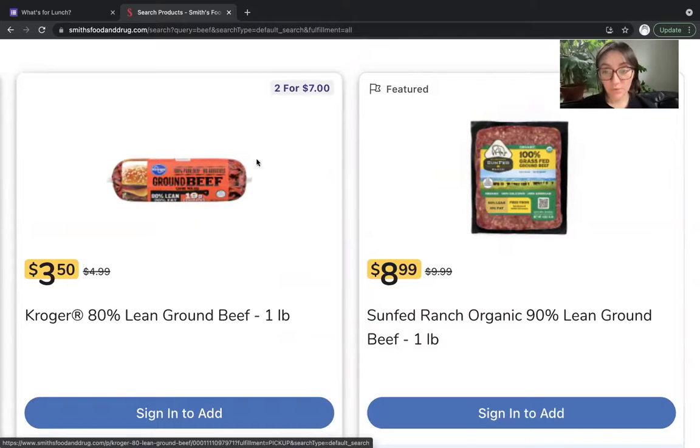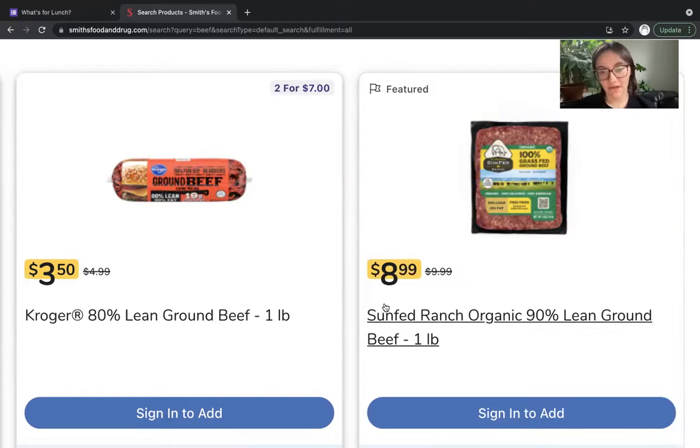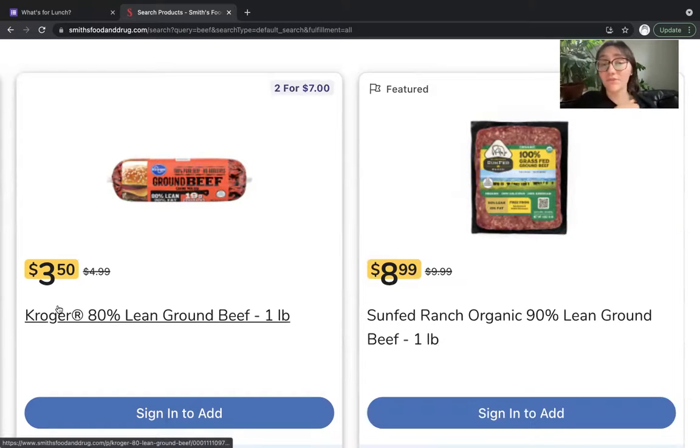So this is 1 pound and this is 1 pound. Which is more expensive? The Sun-Fed Ranch organic beef for 1 pound is $8.99 rather than $3.50, right? So these are the same weight, but this one is much more expensive, right? $8.99, and this one is $3.50.